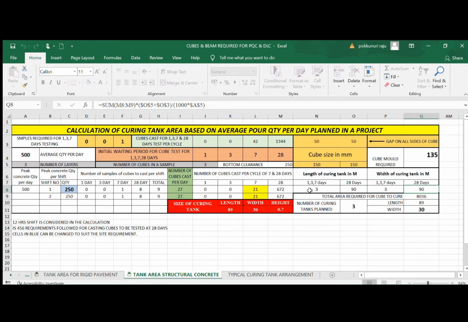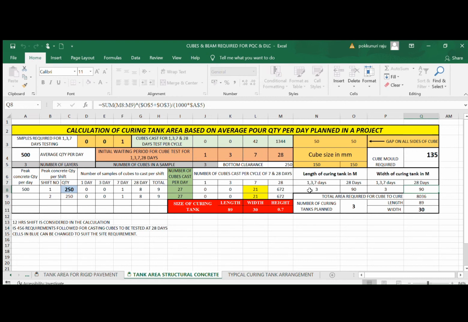8050 square meters. Now, if the number of curing tanks you plan to or you intend to keep is 3, that means the total area divided by 3 will give you the area required for each tank. And then you also have the liberty to choose one dimension of the tank depending upon the land availability.